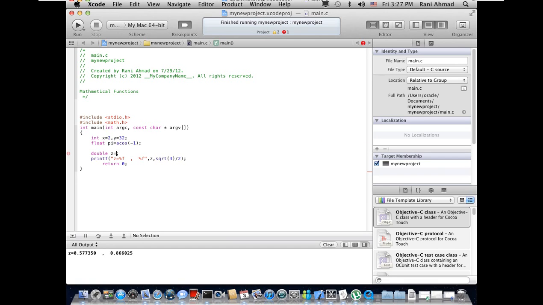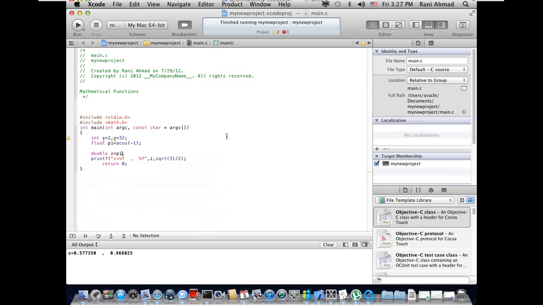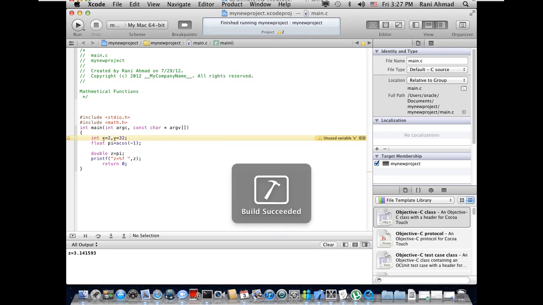Now we know that pi is this. Let's delete this sqrt thing. Just as a reminder, I must print z as the pi. Now what if I want to just get the 3 from the z? So what do I use? The function named floor.